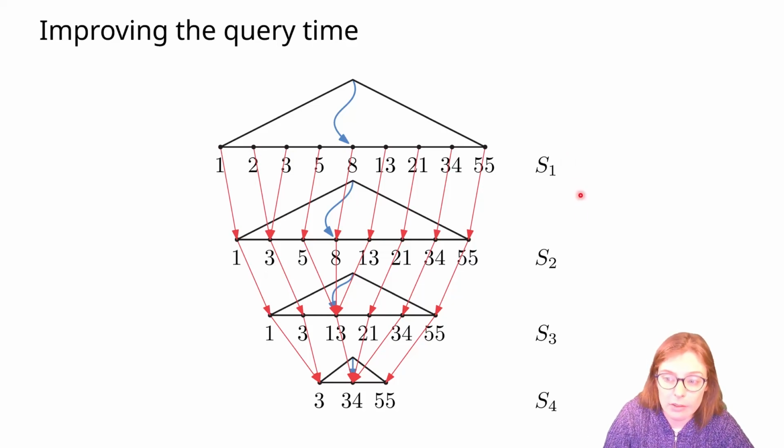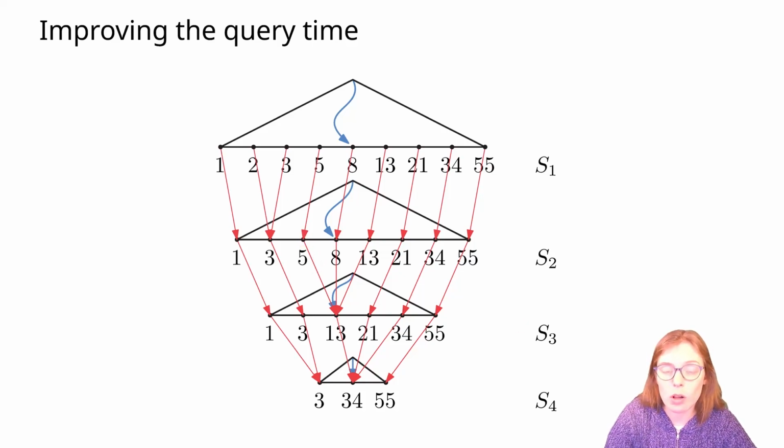So between every pair of sets, we create these pointers. Between the values that appear in both sets, it's simply the pointer to the same value. And for the values that no longer appear in the next set, we store the pointer to the successor of that value in that set.